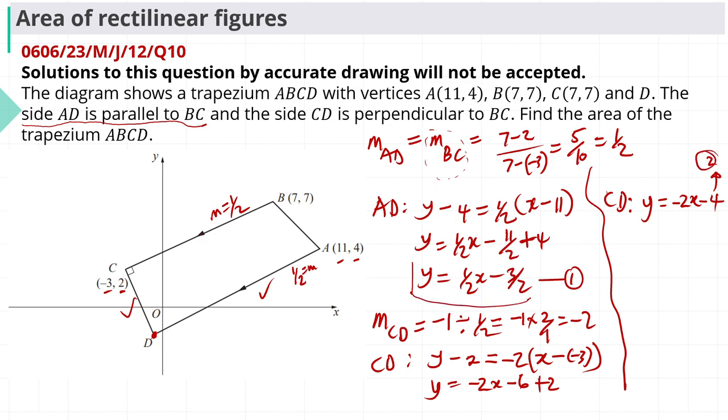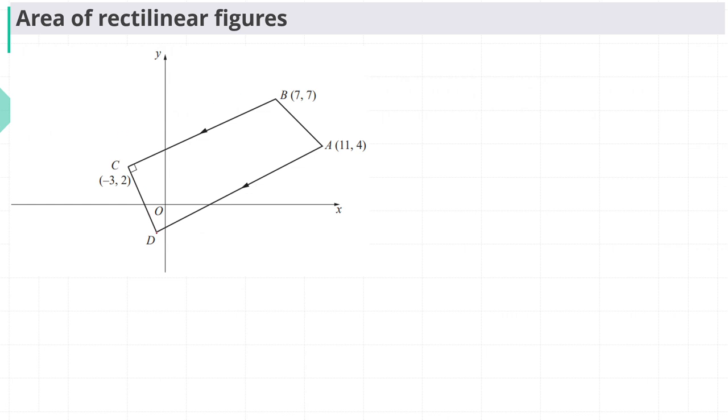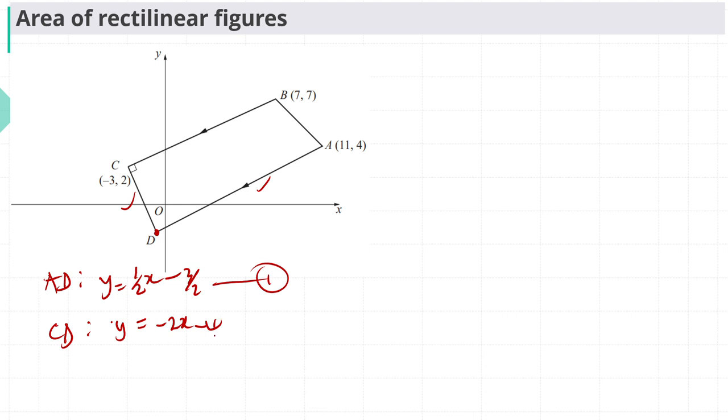So we want to solve these two equations simultaneously so that we get the point of intersection D. We are finding the point of intersection D. We have gotten the equation of line AD to be y equals half x minus 3 out of 2, and we also had the equation of line CD to be y equals minus 2x minus 4.